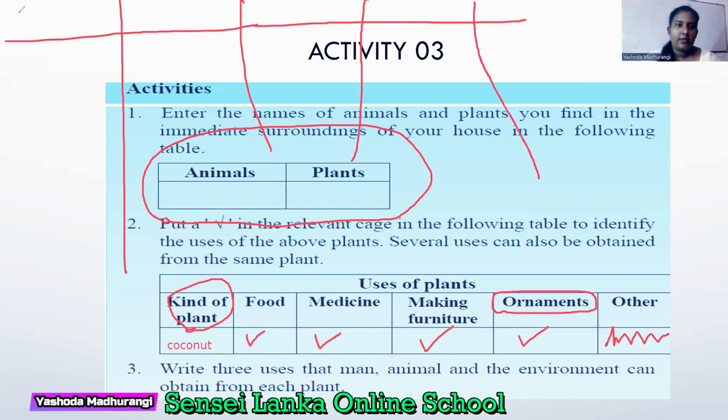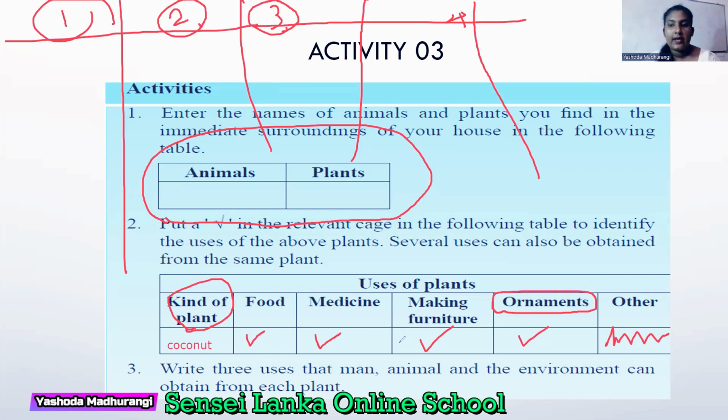In column 1, you have to write the name of the plant. In column 2, uses for man. Column 3, uses for animal. Column 4, uses for the environment. So if you can make a table like this, we can complete.